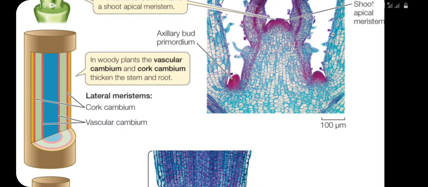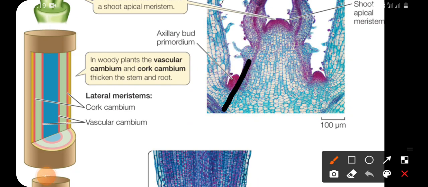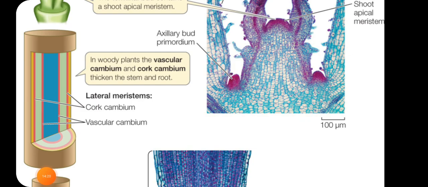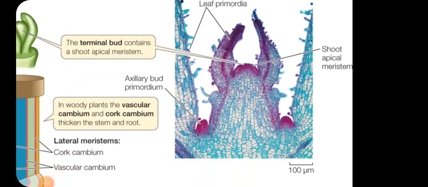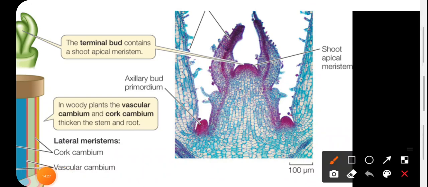So here you can see this is the outer region, or outer zone, of the SAM, and this outer zone is known as the tunica.